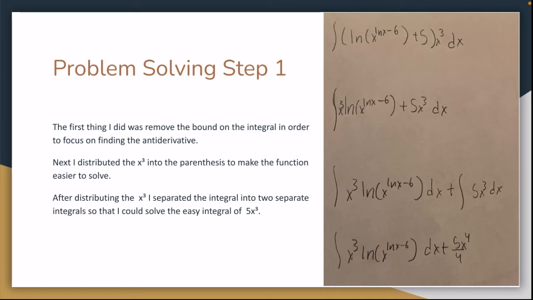Now I separate these two integrals to make it easier to solve. I find the integral of 5x cubed dx, which is 5x to the 4 over 4. And then I now have the integral of x cubed times ln(x)^(ln(x) - 6).